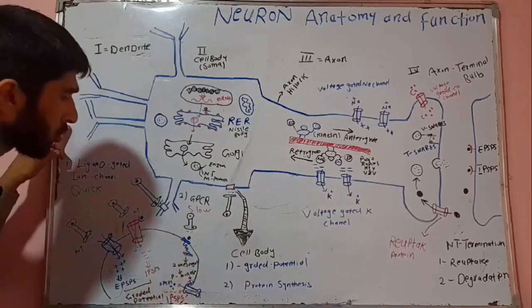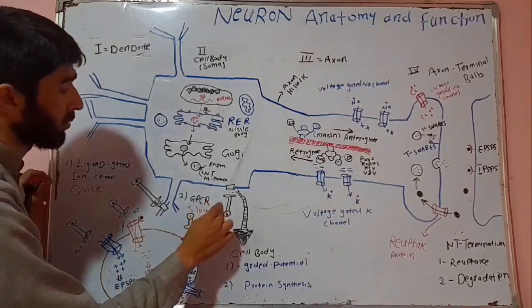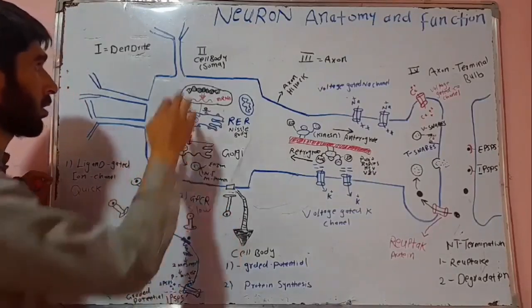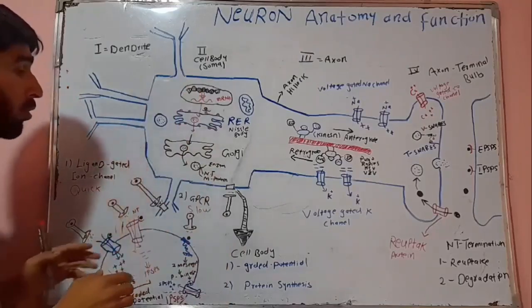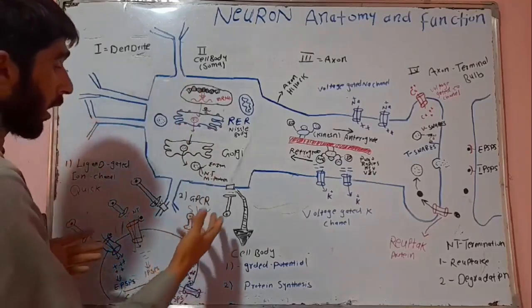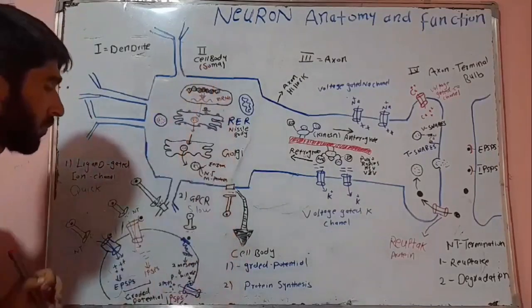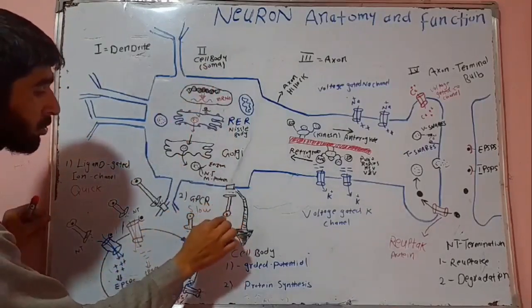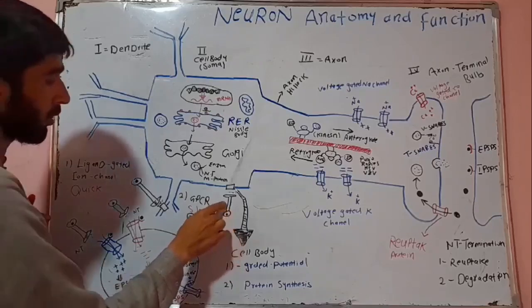If another neuron stimulates the cell body, or the soma, which action will happen within the cell membrane of the cell body? Let's suppose this is a neuron and this is its axon branch.